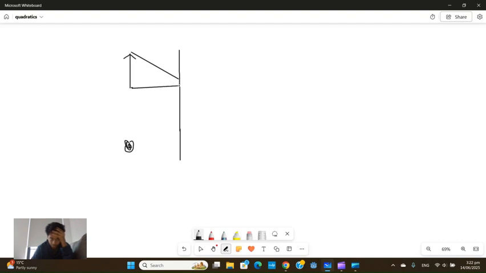And one ray goes here. Since the angles are the same, it'll go here, and this will go here because the angles are the same.